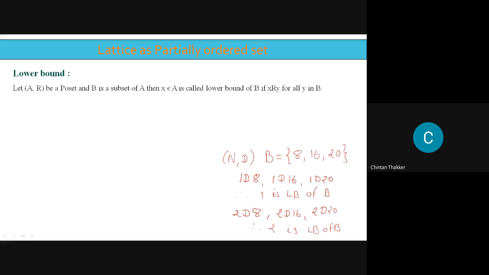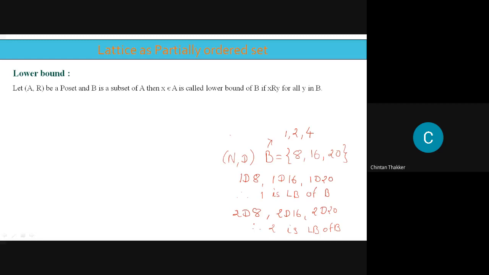Yes, 4 divides 8, 4 divides 16, 4 divides 20. So here we have 4 is also a lower bound. So for this set B we have 1, 2 and 4. These are the lower bounds. Okay.